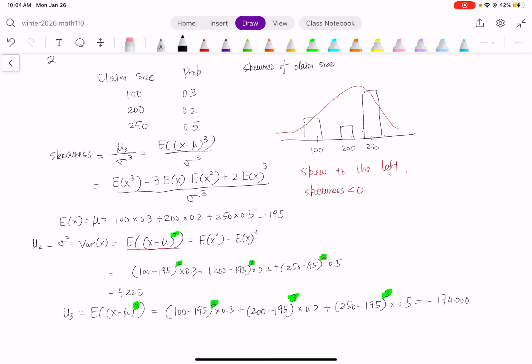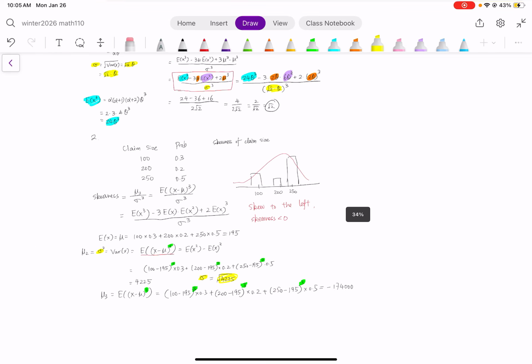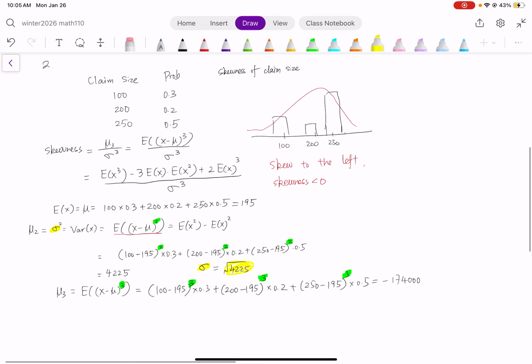Now you can put all these together. We need sigma, which is the square root of 4225, and we also need the third central moment, which helps you calculate skewness.